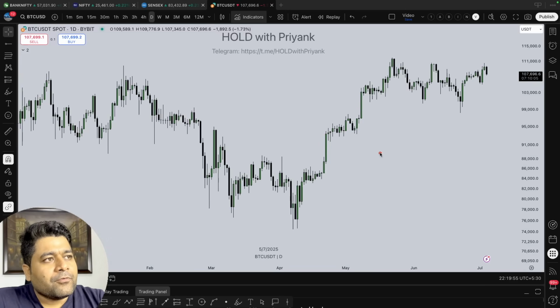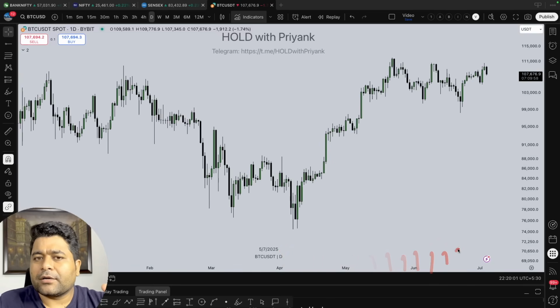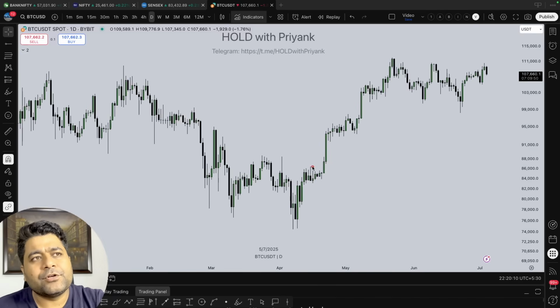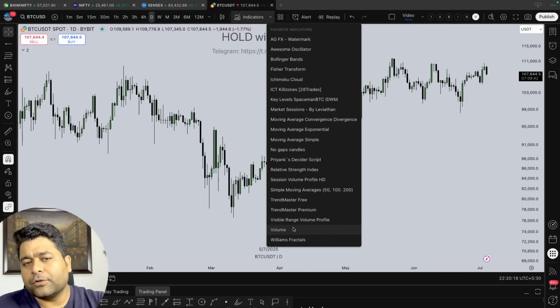Whenever you open a chart, you would usually notice there are some bars at the very bottom of your chart. Let me show you how they come on your chart, and how you can apply them if they are not there. All you have to do is go into the indicators, write volume, or you can just click this arrow and click on volume directly.